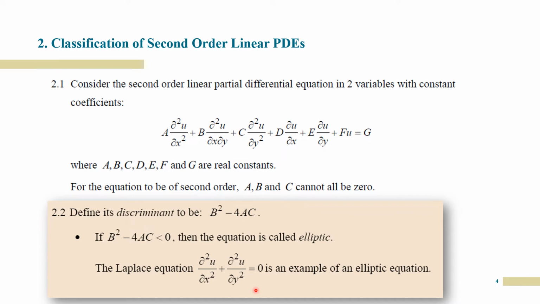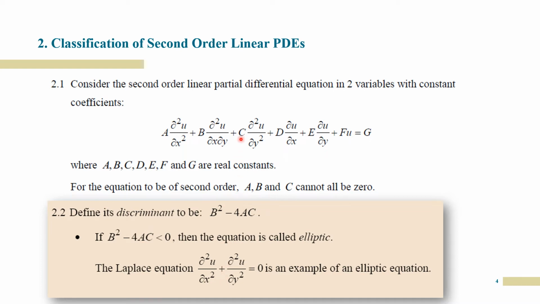Compare this equation with the general equation shown in equation number 1. A is the coefficient for ∂²u/∂x². In this case, A is equal to 1. B is the coefficient for the mixed derivative, but there is no mixed derivative in this given PDE, therefore B is equal to 0.